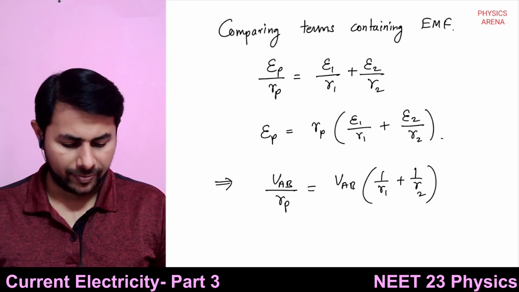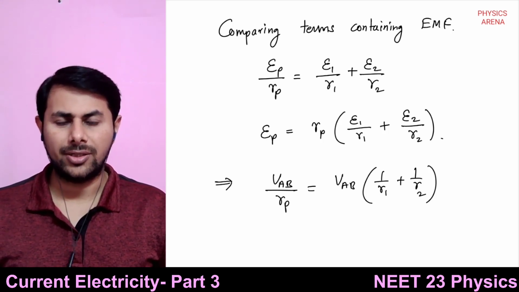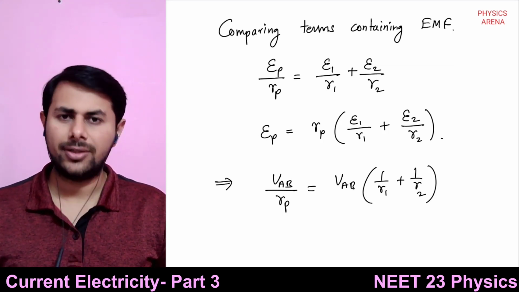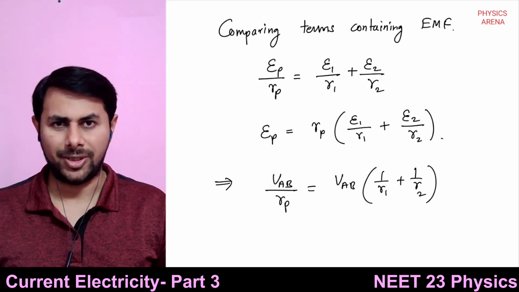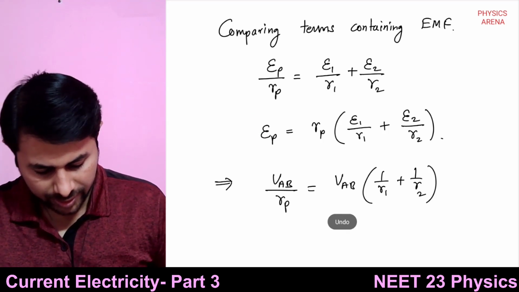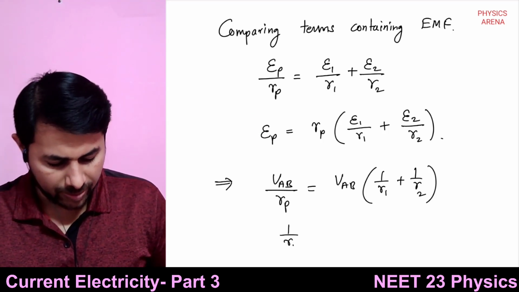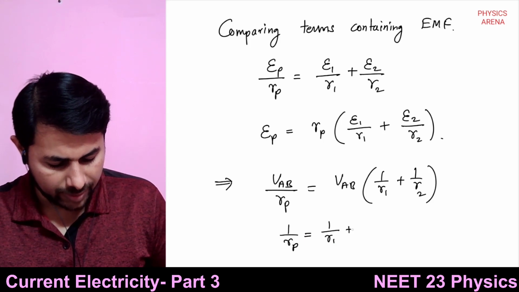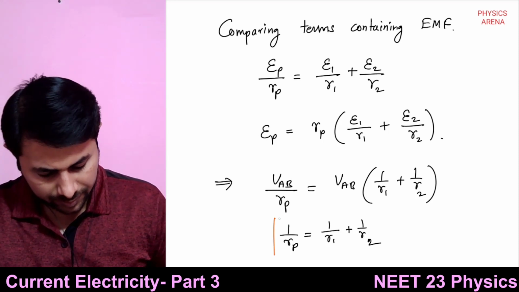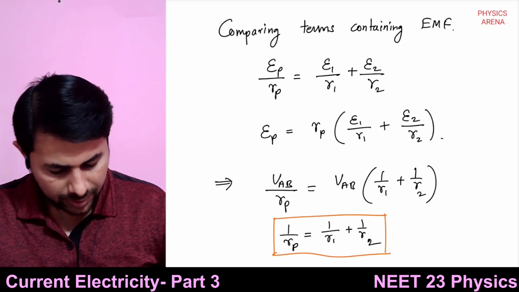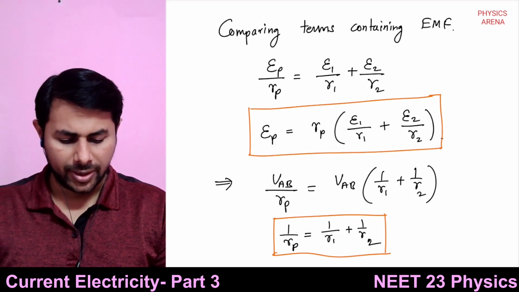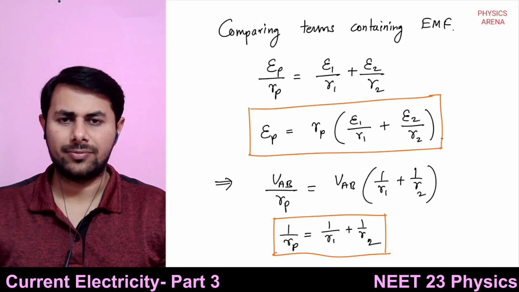We know this: the reciprocal of the resistance of a parallel combination is the sum of the reciprocals of all the resistances connected in parallel.